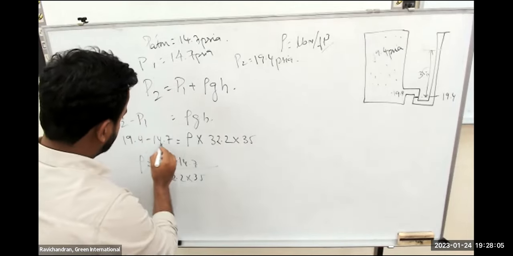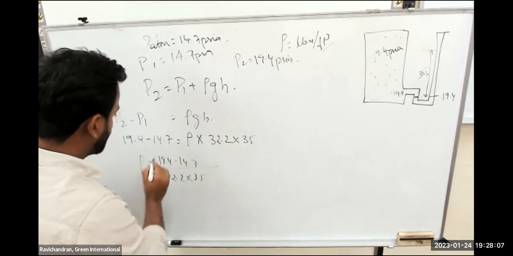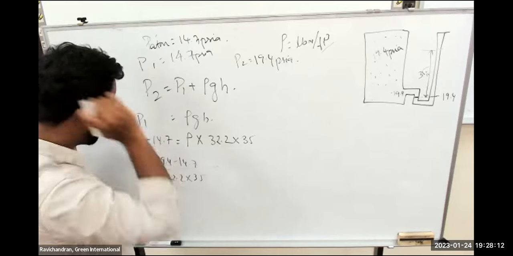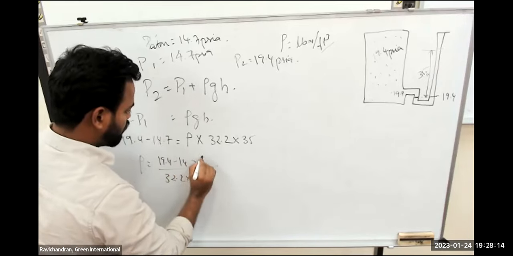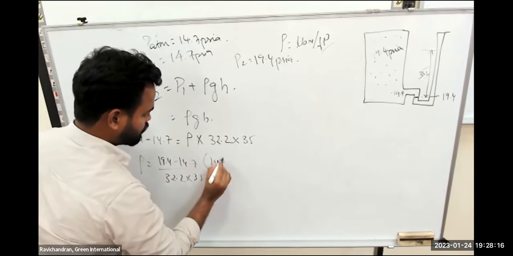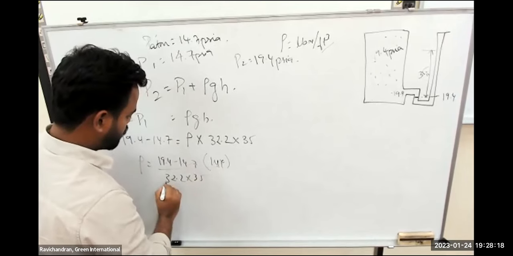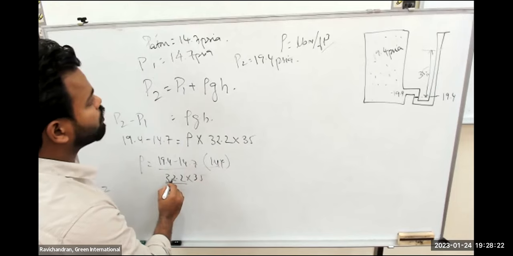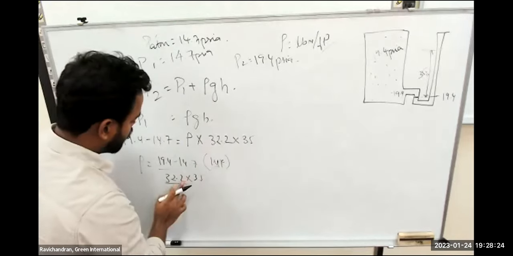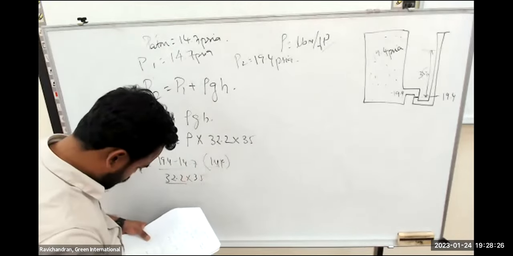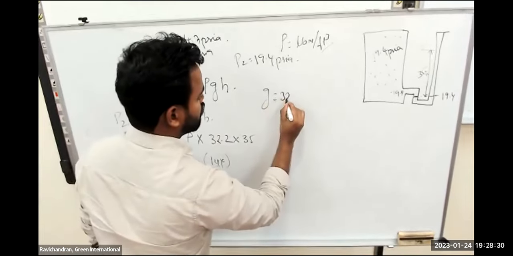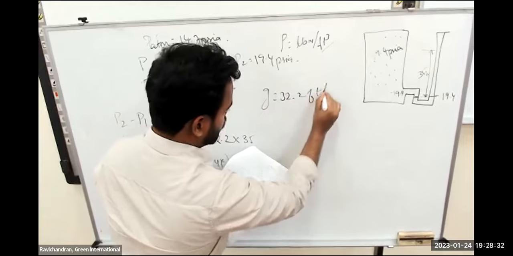For converting this, you have to multiply with 144. I will multiply here with 144. And 32.2 is equal to 32.2 feet per second square.